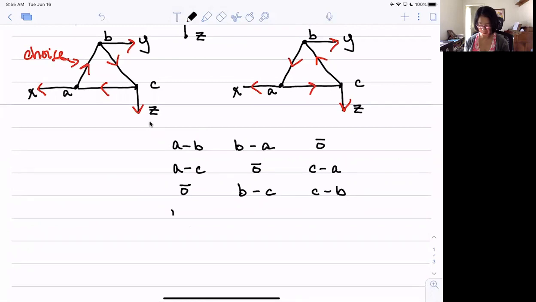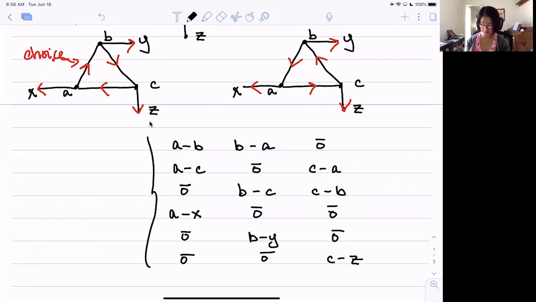I have 1 tie down bar at A, 1 tie down bar at B, and 1 tie down bar at C. So again, I have a 6 row by 6 column matrix, and I could take its determinant in MATLAB.